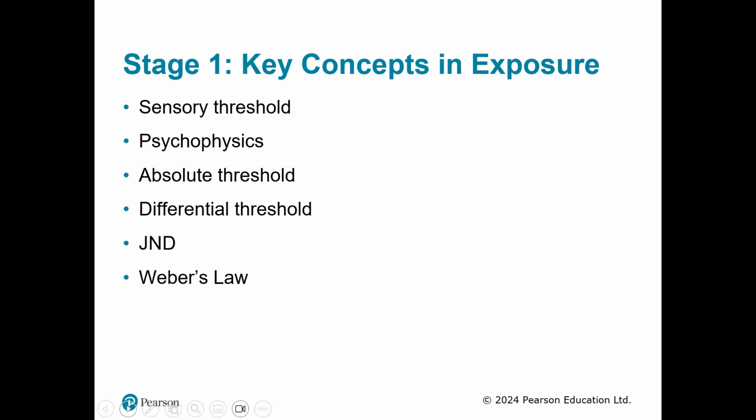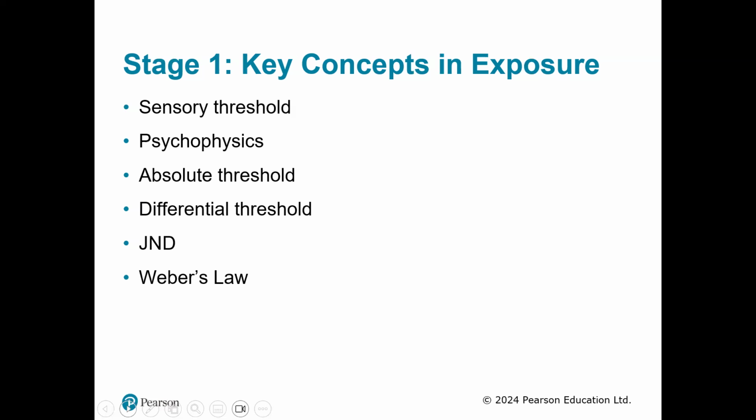The differential threshold refers to the ability of a sensory system to detect changes in or differences between two stimuli. The minimum difference we can detect between two stimuli is the just noticeable difference, or JND.